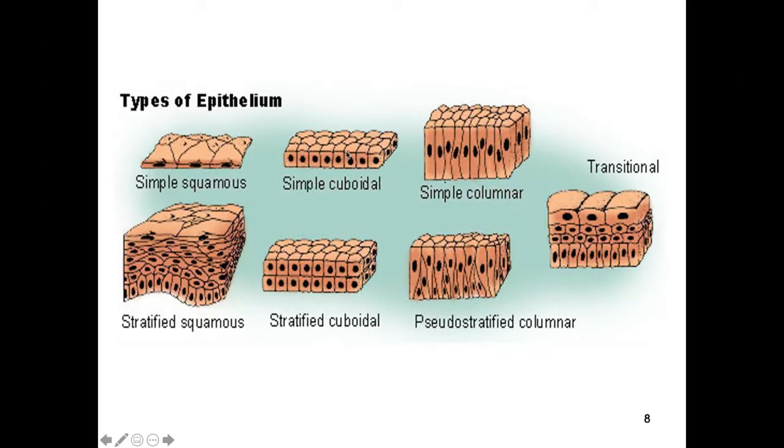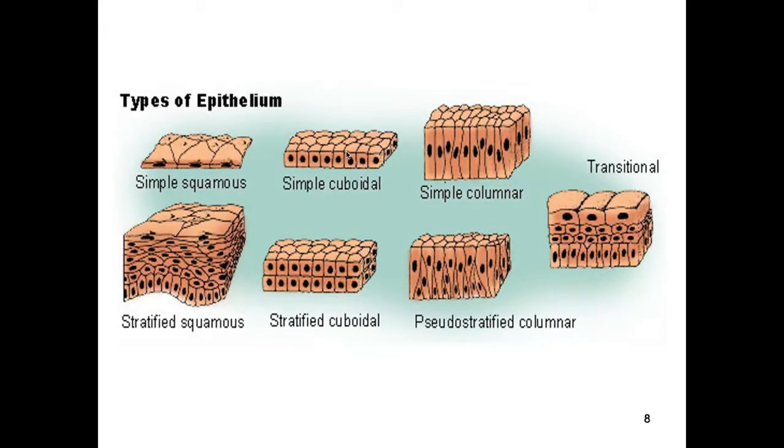In fact, they're spread far apart from one another, and it has lots of extracellular matrix. So that's one of the key differences between epithelium and connective tissue: epithelium has cells closely bound together with little extracellular matrix, whereas connective tissue has cells scattered farther apart with lots of extracellular matrix.